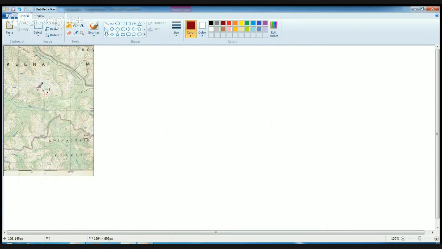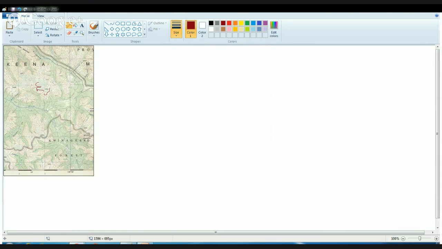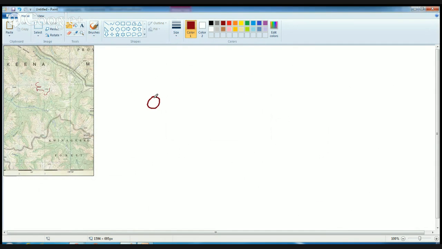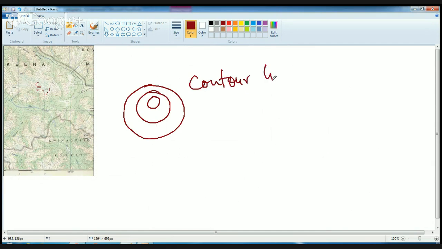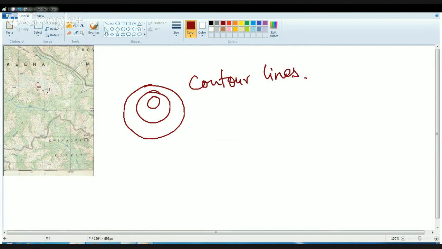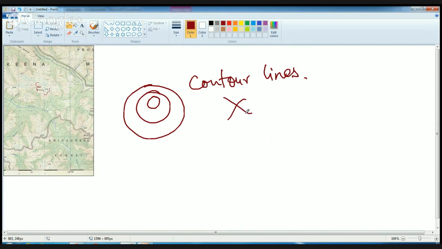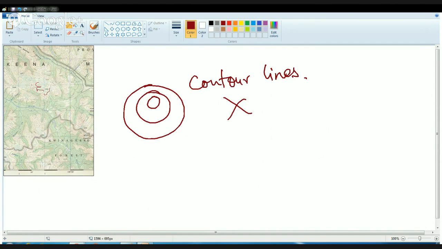These lines are known as contours. So these are contour lines. There are some peculiar features about contour lines. They show the height and elevation. They are never straight. They never cross each other, and they always cross rivers.